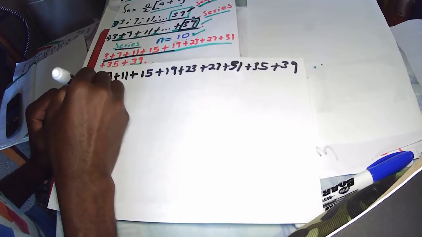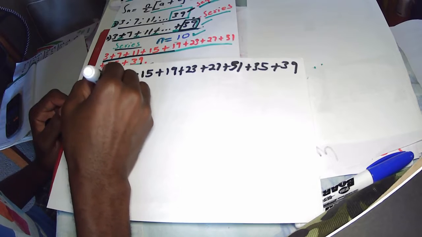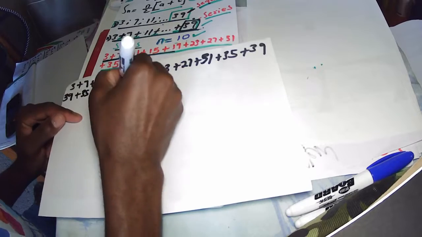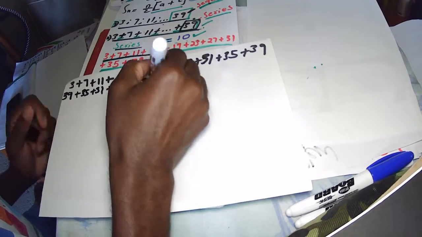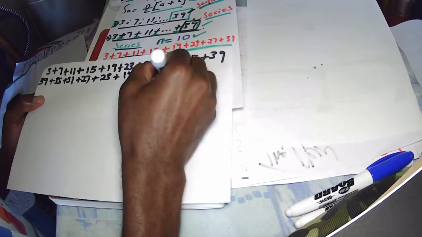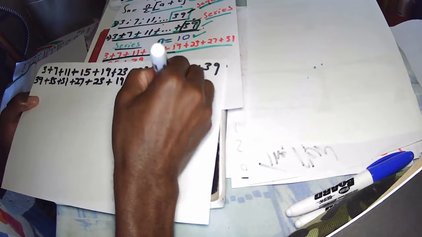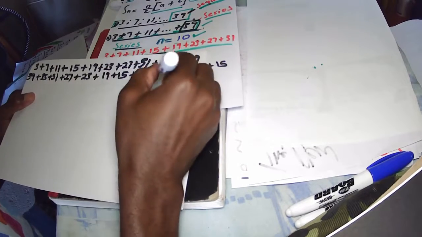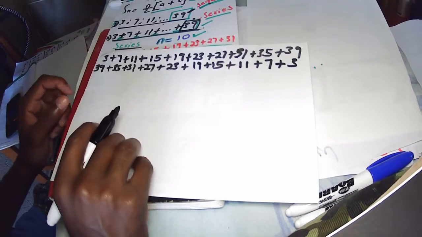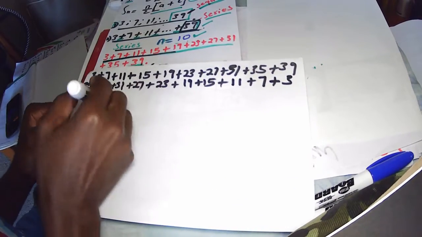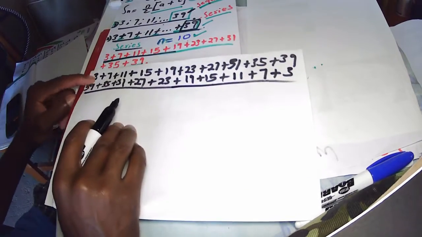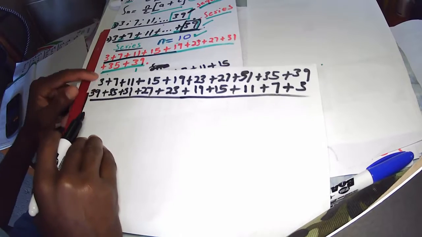You put down 39 plus 35 plus 31 plus 27 plus 23 plus 19 plus 15 plus 11 plus 7 plus 3. That is why we reverse it in this way.